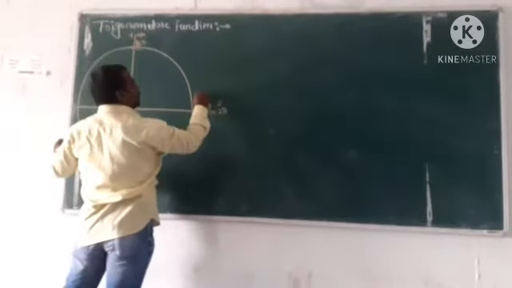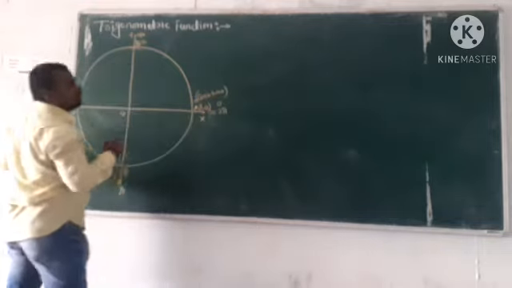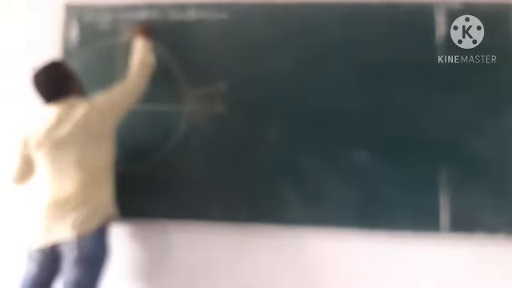So here cos 0, sin 0, that part is very clear. So cos pi by 2, sin pi by 2 is the point 0, 1.